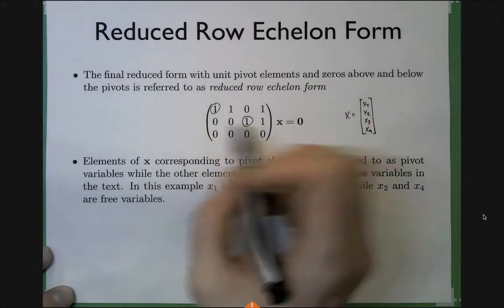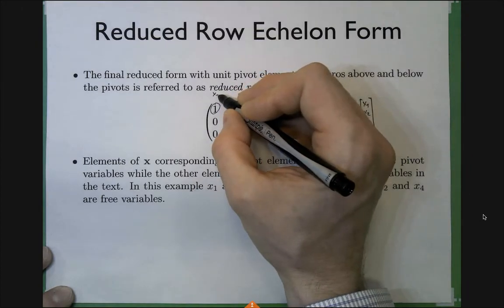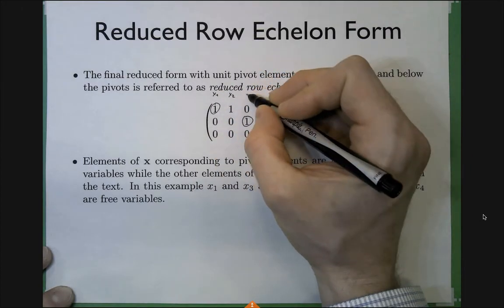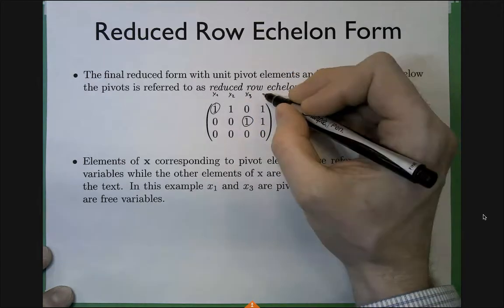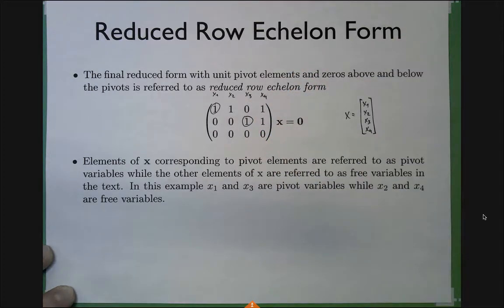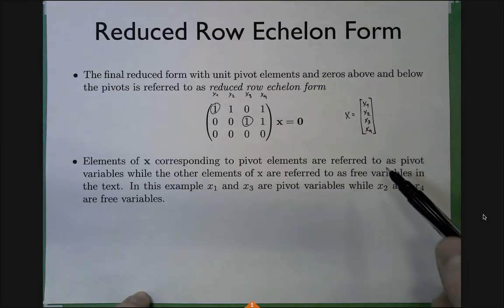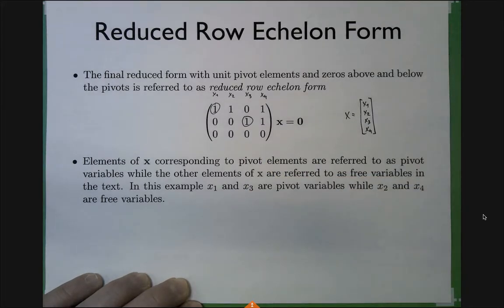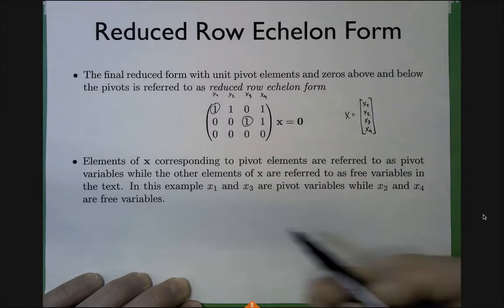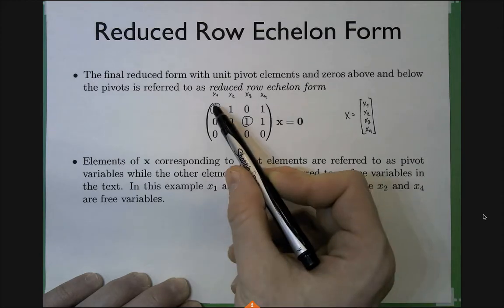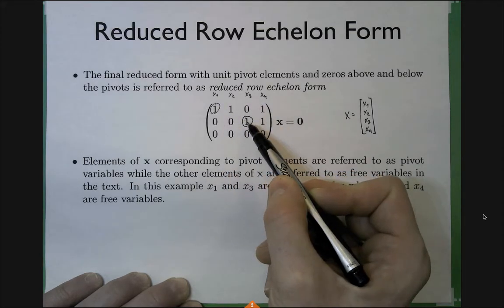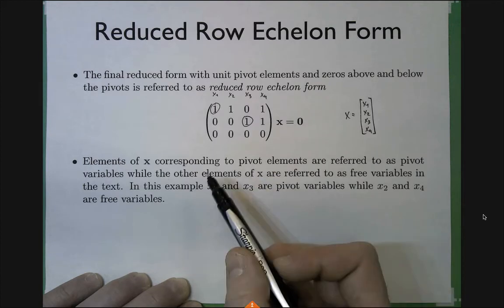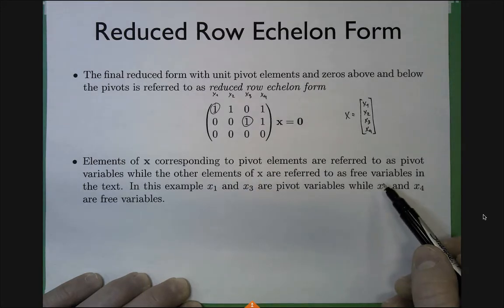So you know what that means? That means that basically this x1 applies to the first column, x2 to the second column, x3 to the third one, and x4 to the fourth one, right? You know how matrix vector multiplication works, I hope. So now the x's that correspond to the pivot elements, this is important, these will be called the pivot variables.